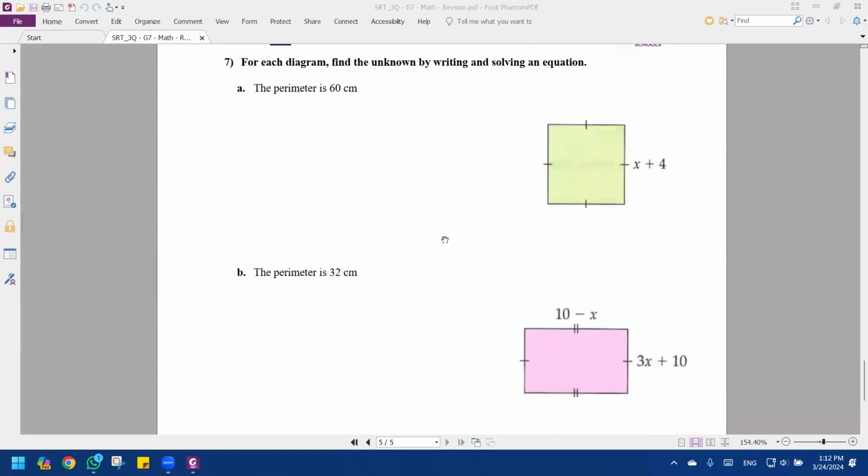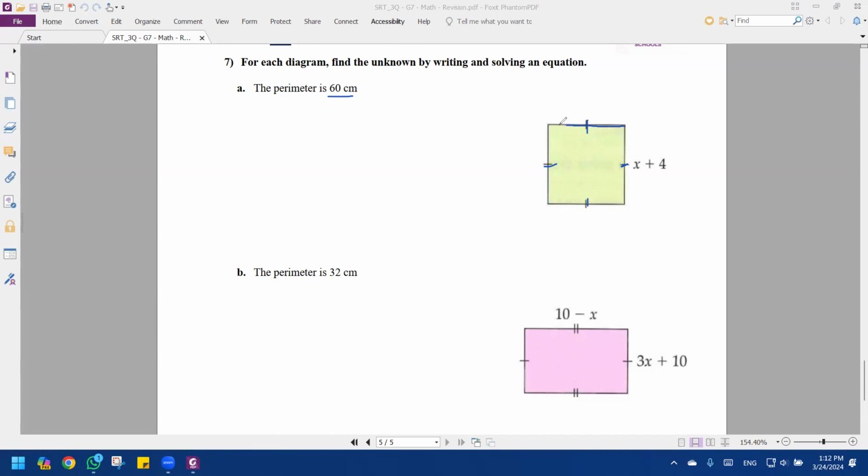Last question. For each diagram, find the unknown, which means find the variable, by writing and solving an equation. They said here, the first shape, we have these 4 dashes, means these 4 sides are equal, which means this shape is a square. And the perimeter is given, 60 centimeter. What does perimeter mean?